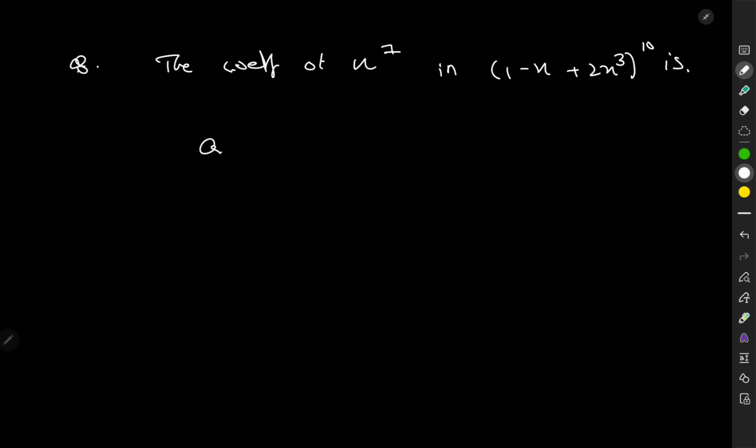What is the general term? 10 factorial, which is n factorial, divided by r1 factorial, r2 factorial, r3 factorial, and 1 to the power r1, minus x to the power r2, 2x cube to the power r3.